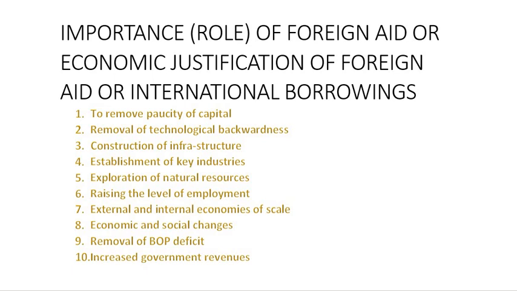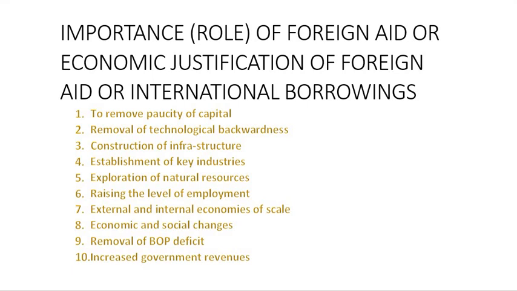Sixth point is raising the level of employment. Because of technical and financial assistance, the process of industrialization can be set up in the country. Increased industrialization will have the effect of raising the level of employment.